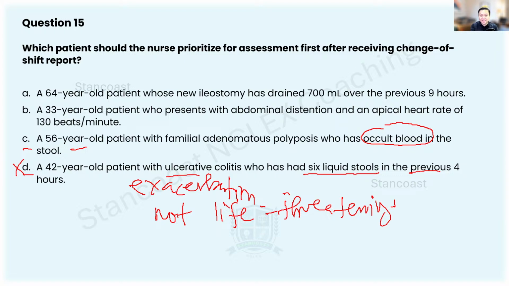Occult blood is that word right there. It is a serious condition, but will require evaluation. Requires evaluation. Maybe some more diagnostic tests. But is this situation a life-threatening issue? No, it is not. Not life-threatening.